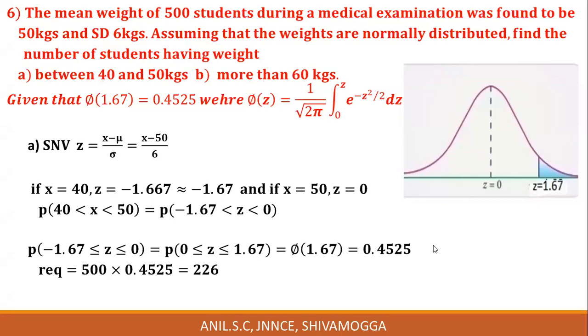Using this, we can construct the standard normal variate, that is Z given by x minus mu divided by sigma. Mu is equal to 50. Therefore, x minus mu is x minus 50 divided by sigma, and sigma is 6 kgs. This is what we call a standard normal variate.